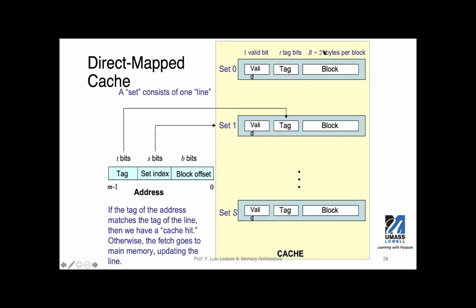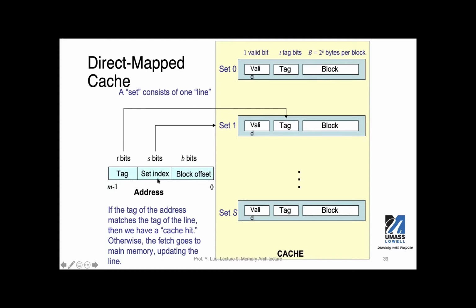Now this b is actually a part of the address that you use to access data. This address comes from the microprocessor, and depends on the processor. This address could be 8-bit, could be 16-bit, could be 32-bit.